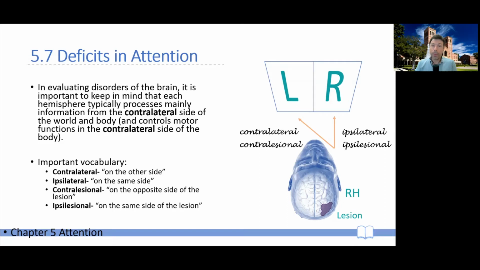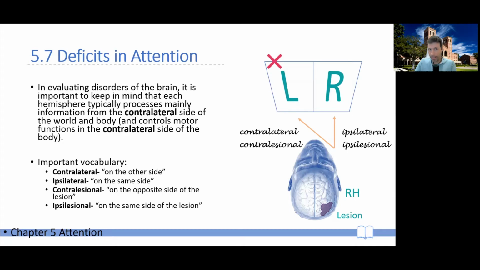Okay, so this is just important vocabulary because I will use it throughout the rest of this lesson. Ipsi means same, contra obviously means opposite. So contralateral just means on the other side of one of the 2 hemispheres, whichever I'm talking about. But if I say contralesional, I mean whatever side the lesion is on, it's in the opposite visual field.